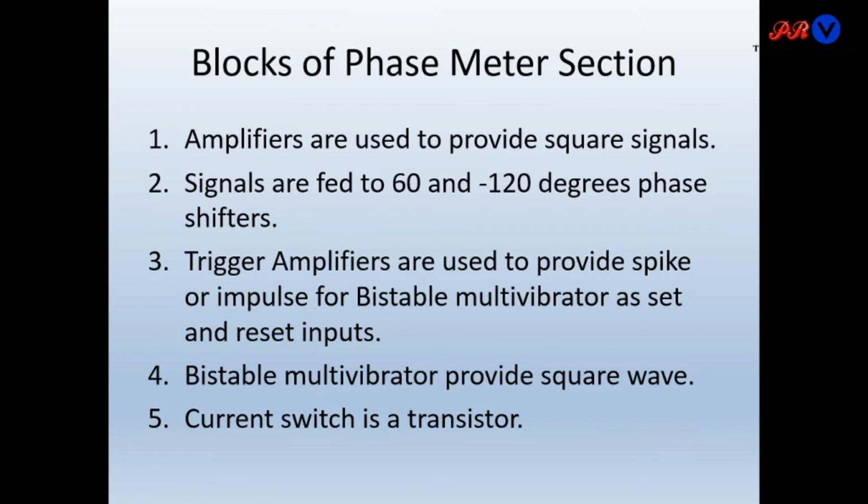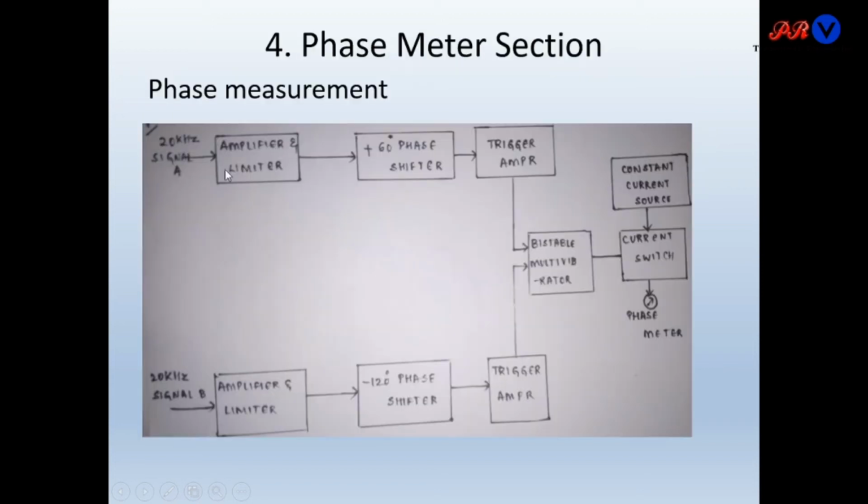Let us study the working of the blocks of the phase meter section. First is amplifiers. Amplifiers are used to provide square signals because they amplify. If you are giving here a 2 volt signal, then it will produce 4 volt, means square of the input.